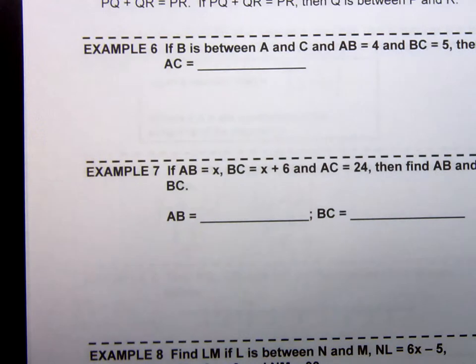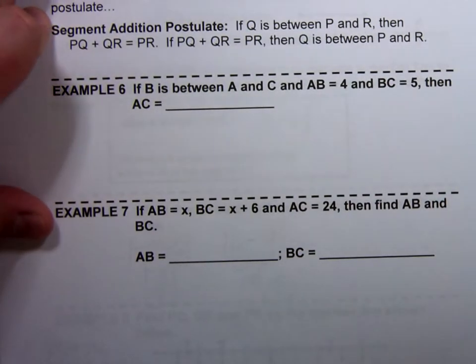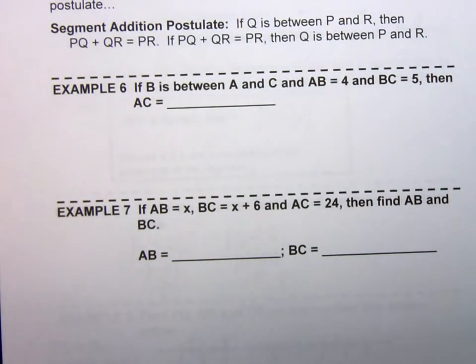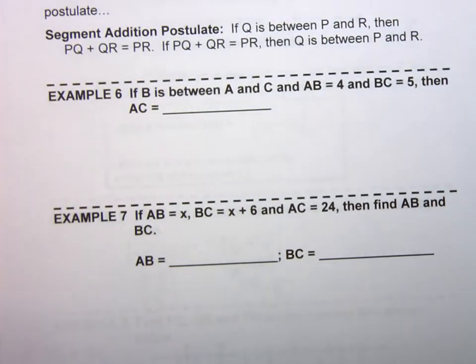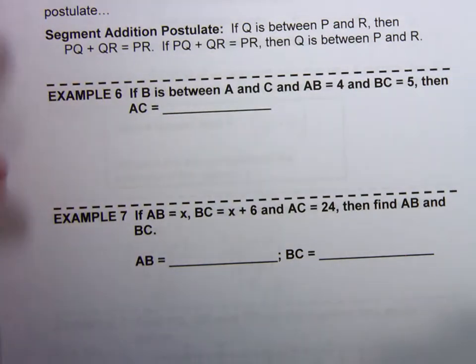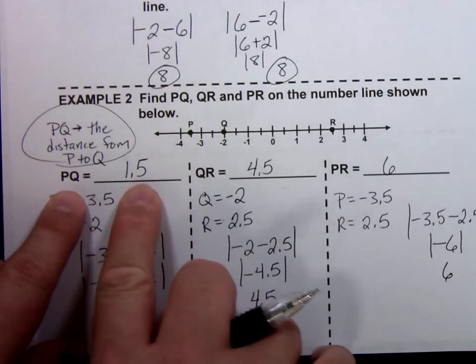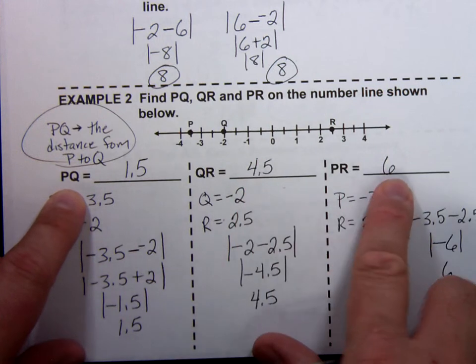All right. It says examine the measures of the distance from P to Q, the distance from Q to R, and the distance from P to R in example 2. Notice that 1.5 plus 4.5 equals 6. So, now where they got those numbers from, if you're looking at example 2, the distance from P to Q was 1.5, the distance from Q to R was 4.5, and then the distance from P to R was 6.